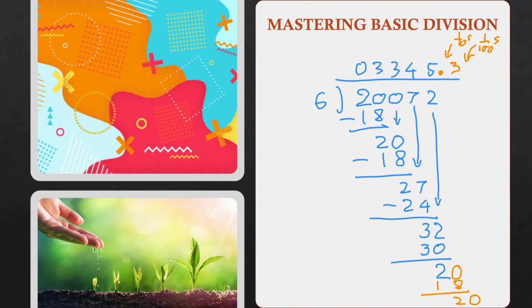And 6 goes into the 20 hundredths there. You have another 3 times. 3 times 6 is 18, and you put it in and you subtract. And if you keep on going, you end up with the same pattern. You will end up with the 3 in the thousandths place and the 3 in the ten-thousandths place, and so on and so on.